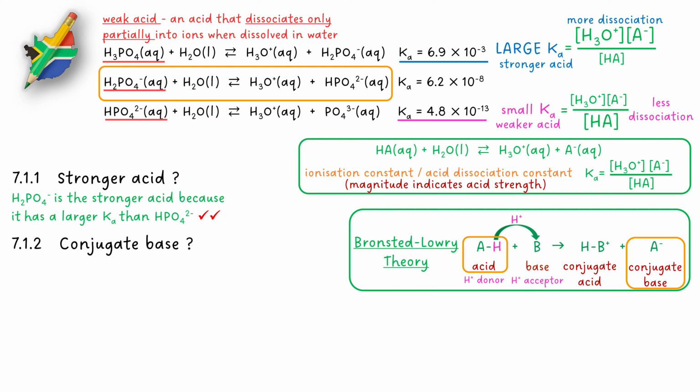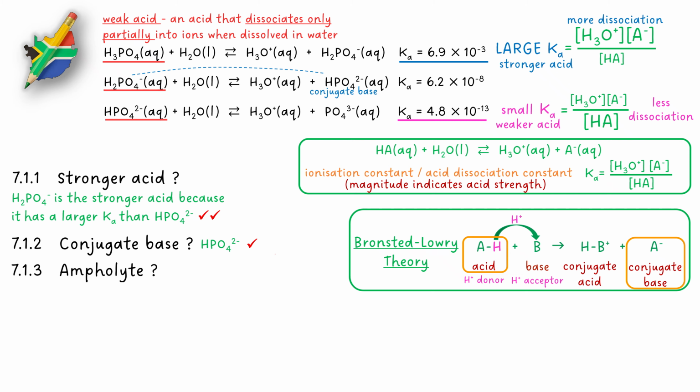So to answer this question, we need to find the equation where the H2PO4- ion is acting as an acid, and this is in equation 2. In this equation, it donates a hydrogen ion to water and acts as an acid, and the anion which forms, the HPO4-2- ion, is the conjugate base because it differs by one hydrogen ion.